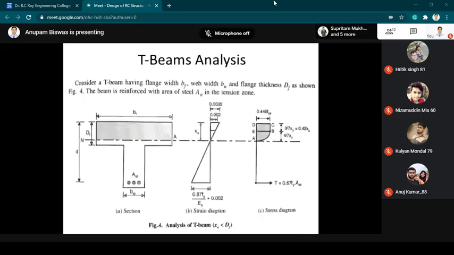That is, above the neutral axis, the compression part is partially rectangular and partially parabolic.